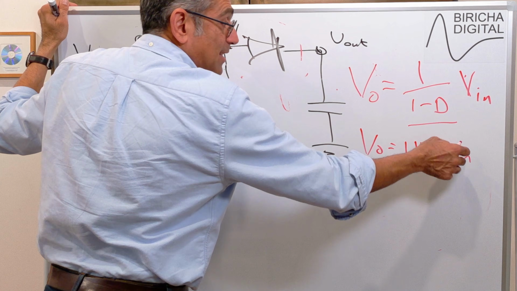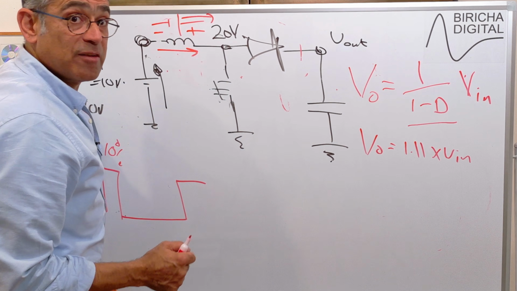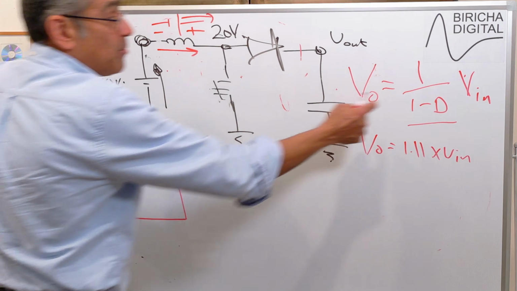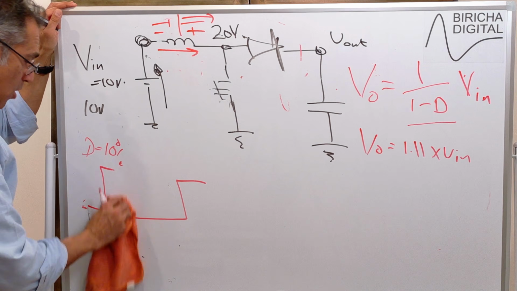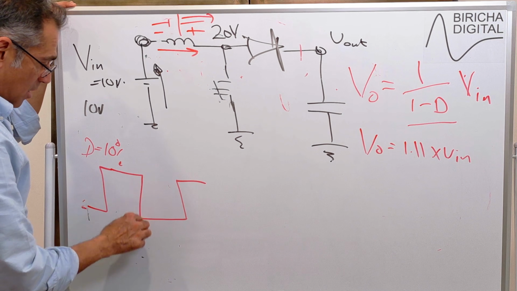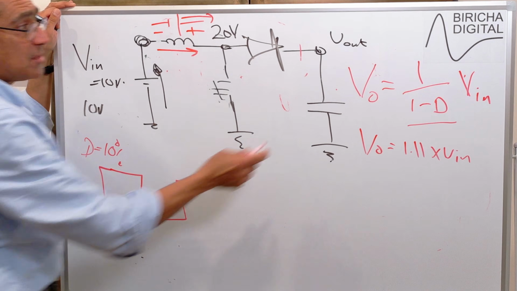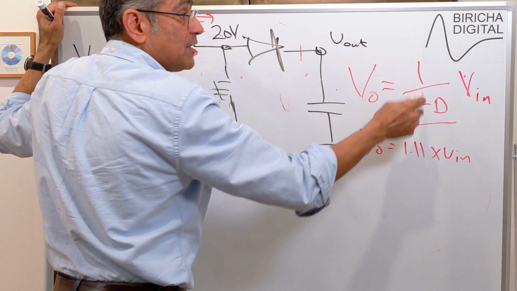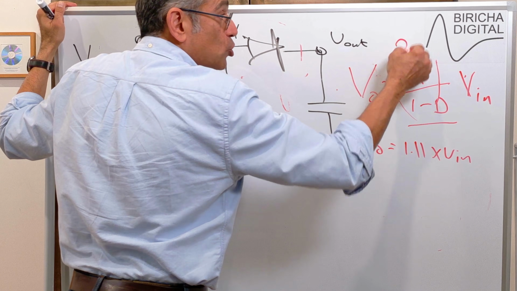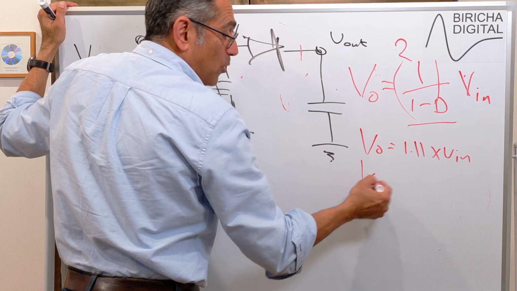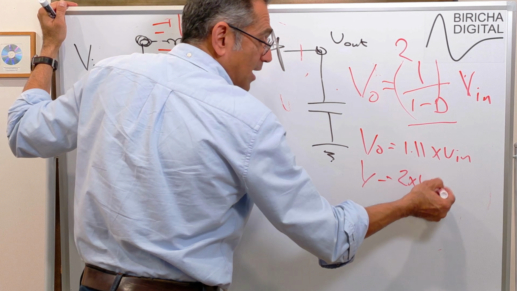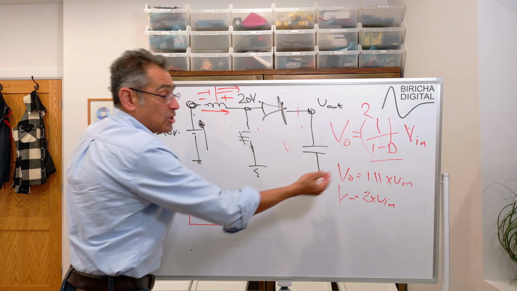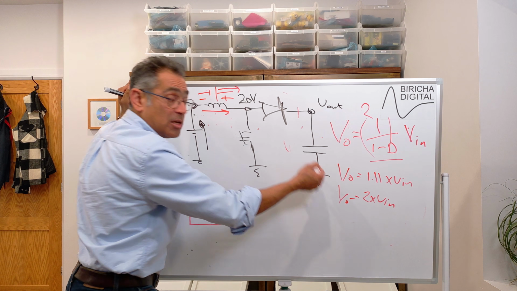So if I had a V in of 10 volts, I'll get 11 volts out. If my duty is 50%, so I'm on for 50% of the time and off for 50% of the time, 1 minus 0.5 is 0.5. 1 divided by that becomes 2. So my V out would therefore be 2 times V in. In my case, it will be 2 times 10 volts. So V out will be 20 volts.